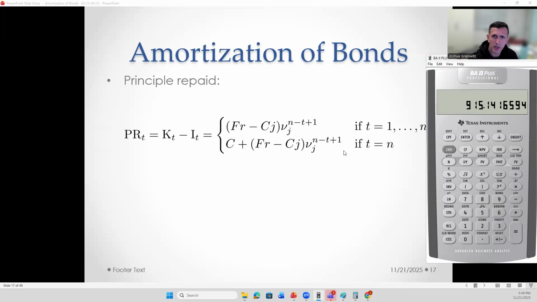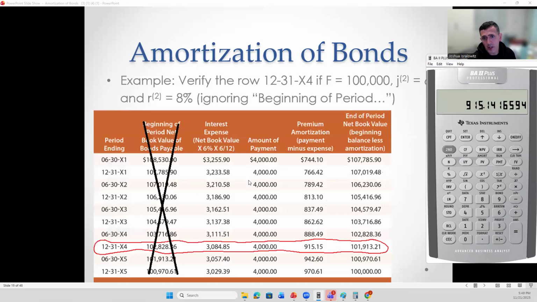So I would get FR minus CJ first: 100,000 times 0.04 minus 100,000 times 0.03 times v^j cubed, because it's n minus t plus 1. It's 10 minus 8 plus 1, which is 3. So you get 915.